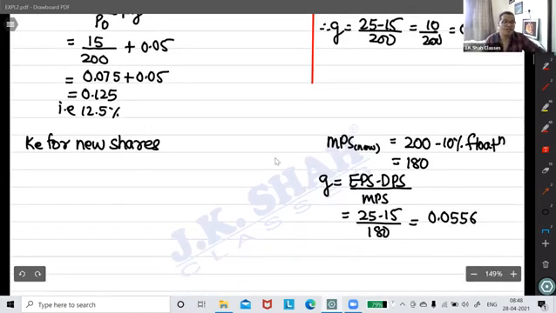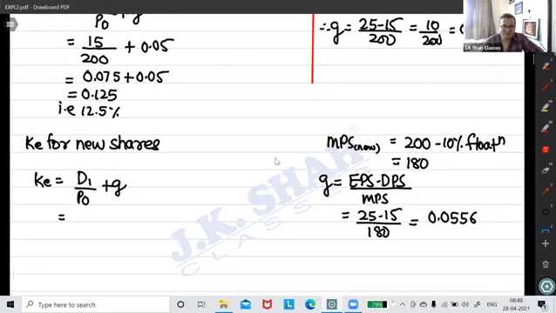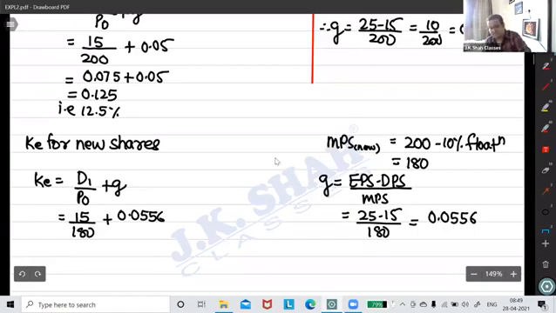Okay, so let's do K for new shares. The formula remains the same. K is D1 upon P0 plus g. D1 would be the same, 15. But P0 will change now, it will become 180. So 15 divided by 180 plus 0.0556.